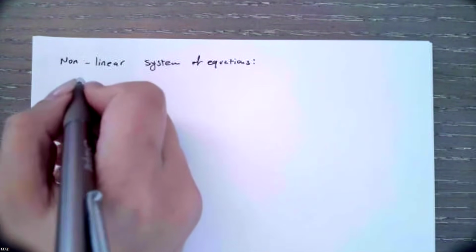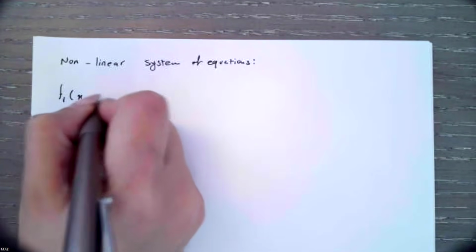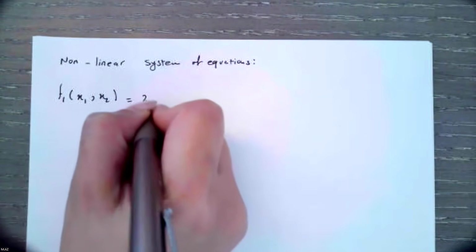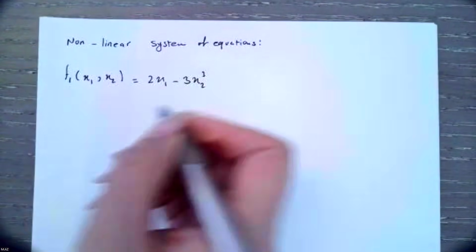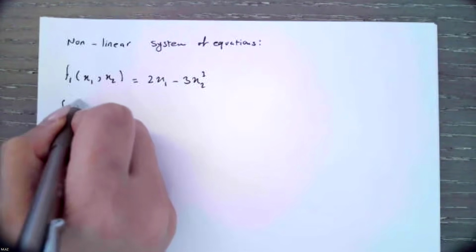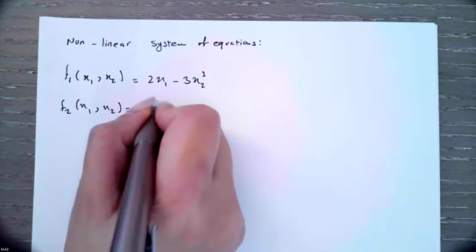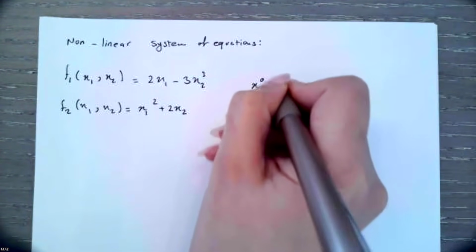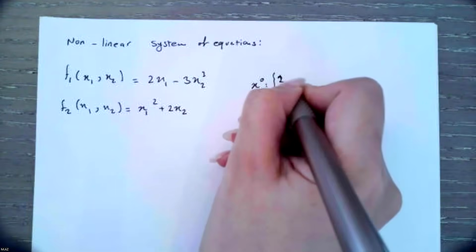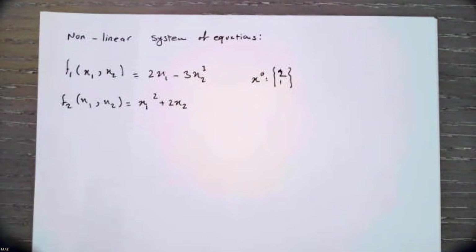This is equation 1, and this is equation 2. And the initial guess is given as 2 and 1. For part A, we have to find the J sub 1,2.